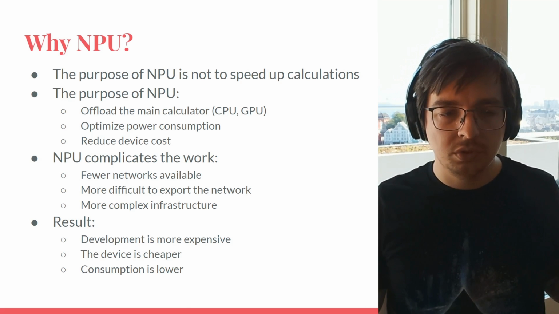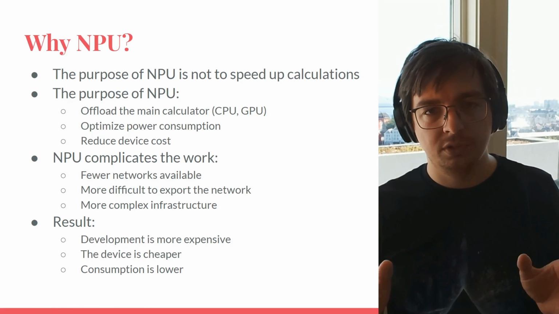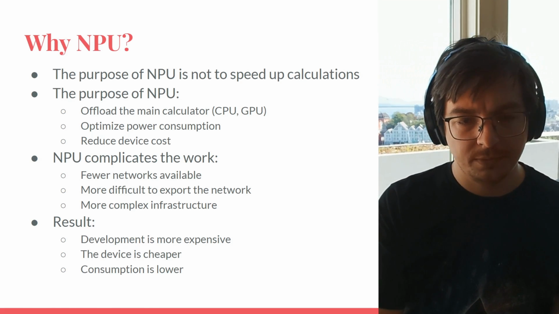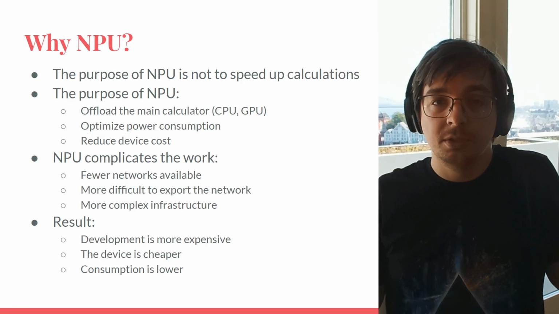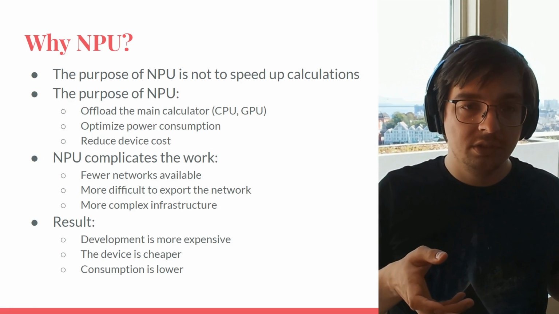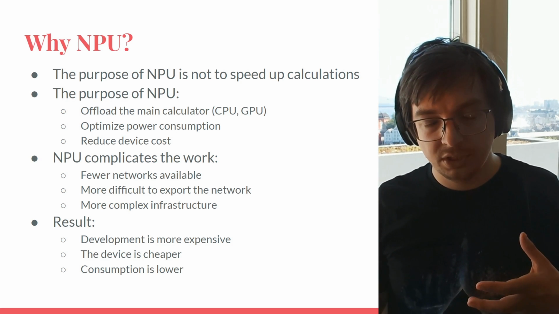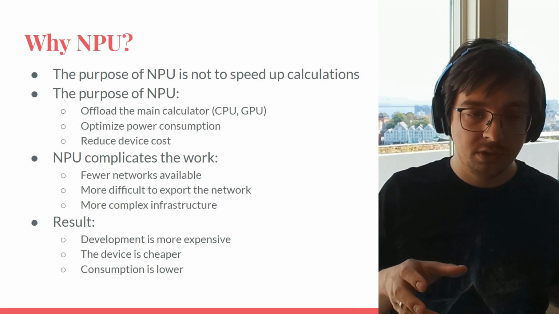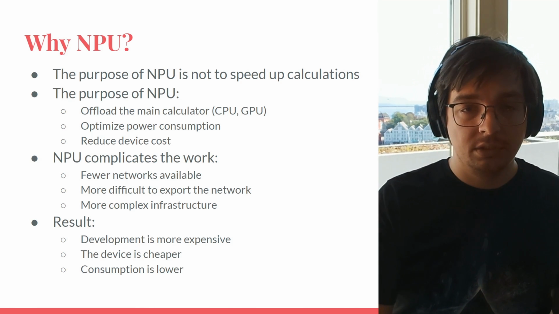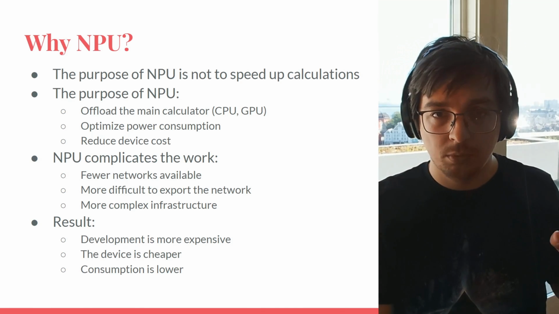Usually there are no good emulators for a lot of different NPU architectures and platforms. And because of this, you can use an NPU chip, but your development will be more expensive. The device probably will be cheaper, and power consumption will be lower.